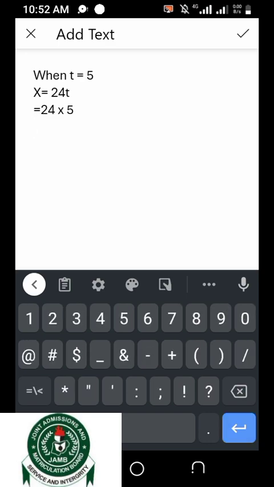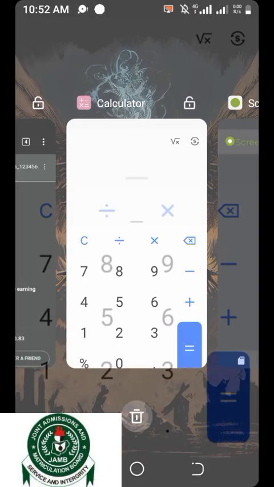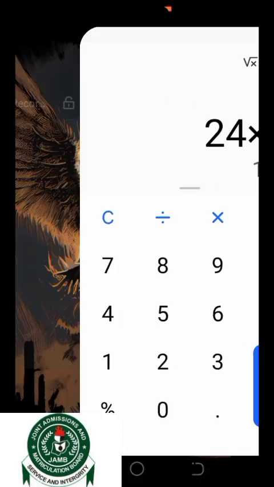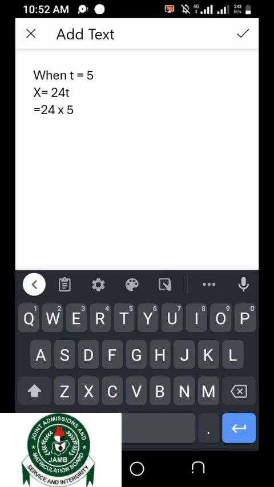You can just go to your calculator. 24 times 5 gives you 120.